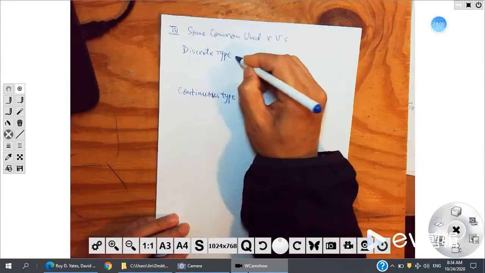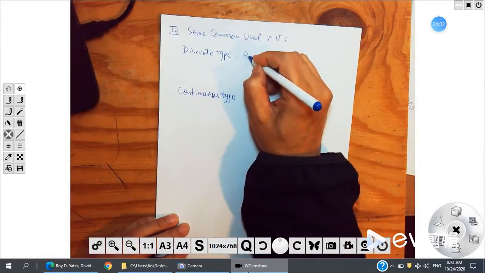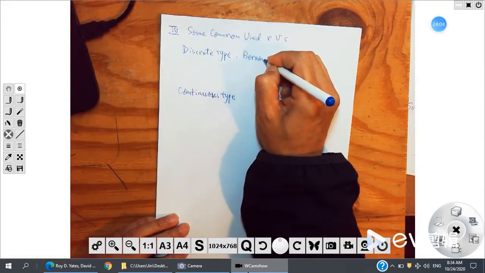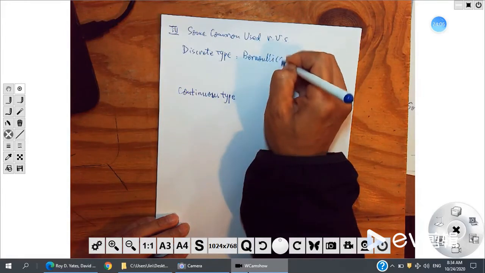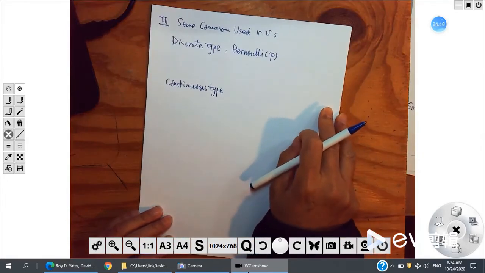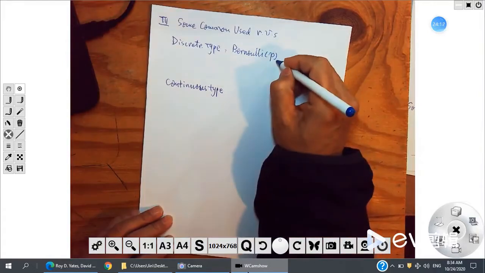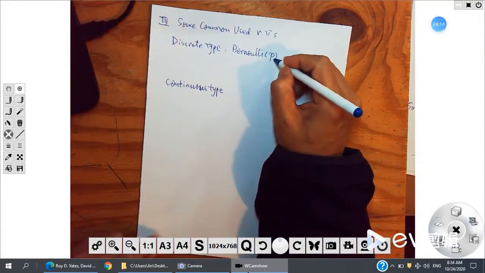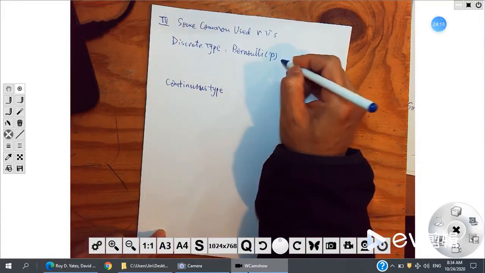For discrete type, we have Bernoulli P. Actually, this is the experiment with a coin. You have two possible results with the probability P and 1 minus P.